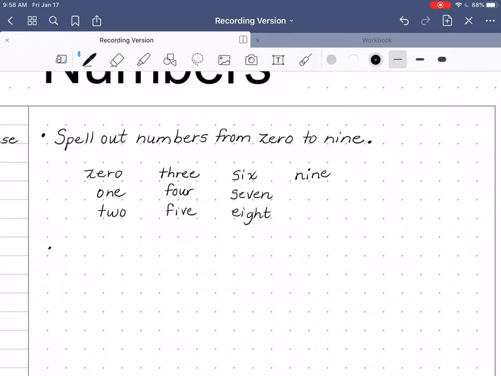And here's the second one. For numbers with 2 or more digits, so once you get to 10, 2 digits, you use the numeral.